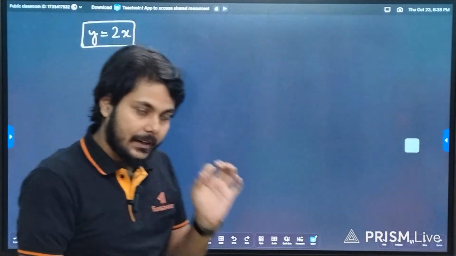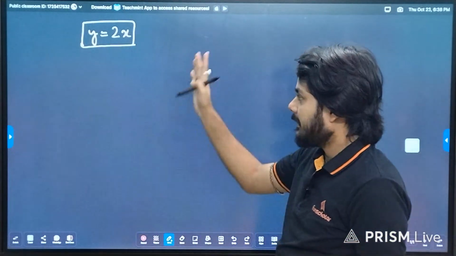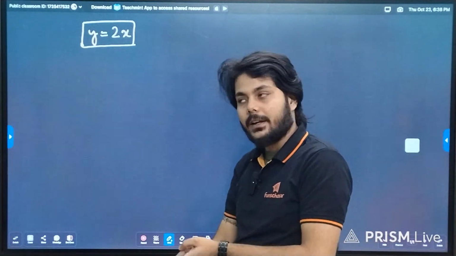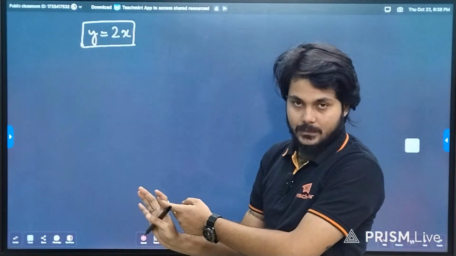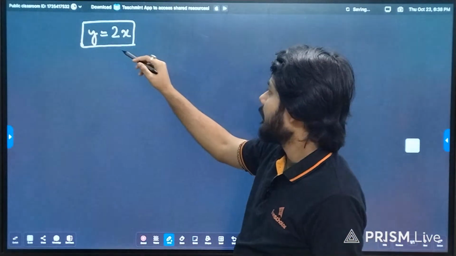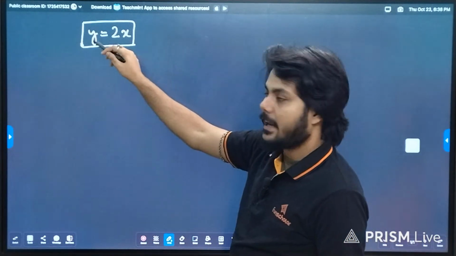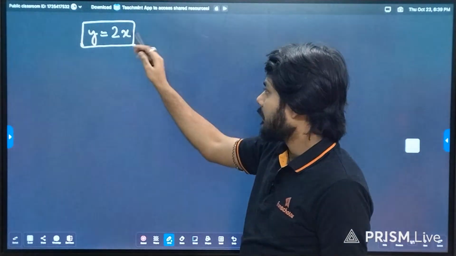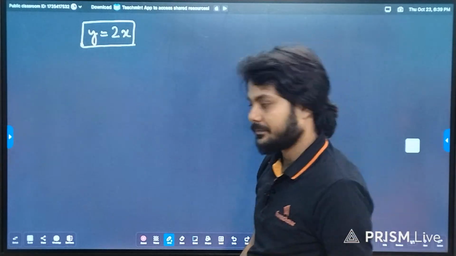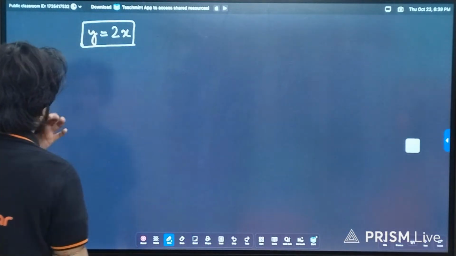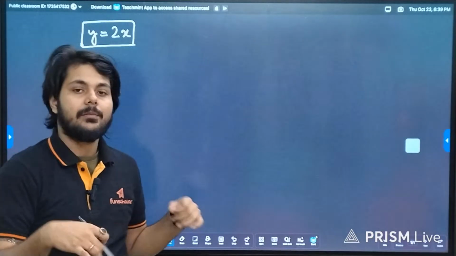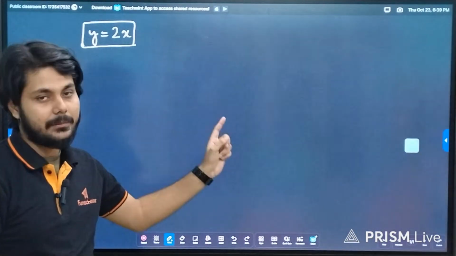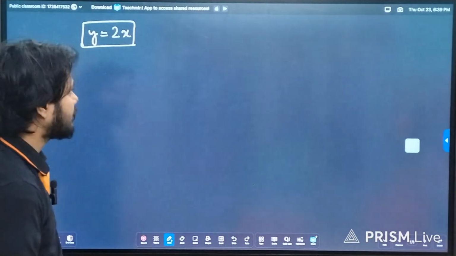As you can see very clearly, in this expression there are two variables, one is y and one is x. Here the value of y will change according to the change in the value of x, right? So first of all I will show you how to draw the graphical representation of this algebraic expression.